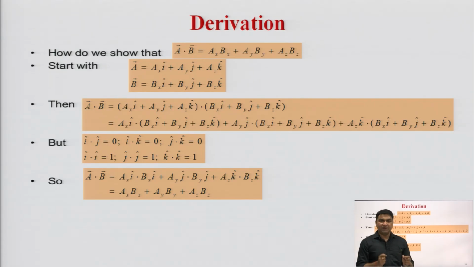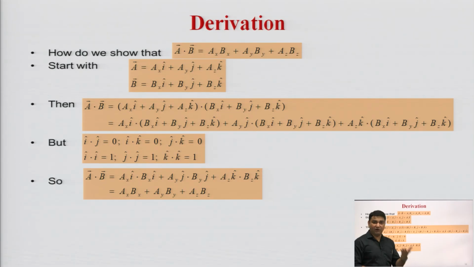If we denote the vectors A and B in the form of i, j, k, then it can be written here. This is the complete multiplication of these two vectors A and B in terms of i, j, k, and the complete mathematics for the multiplication is given here.